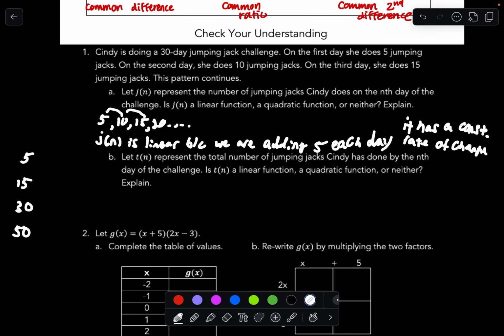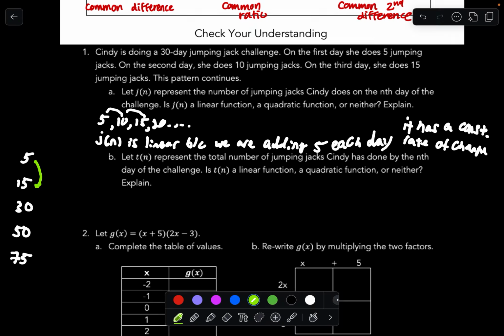So we have 5, 15, 30, 50, and we'll even go as far as 75. So, is it a linear function? If it's a linear function, that means it would have a constant first difference.